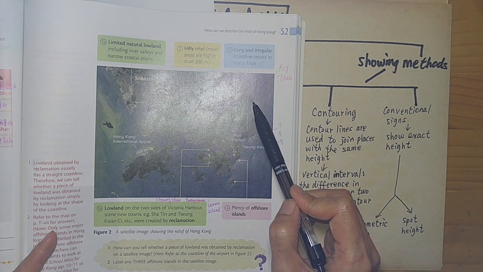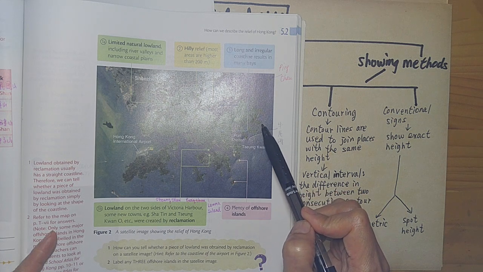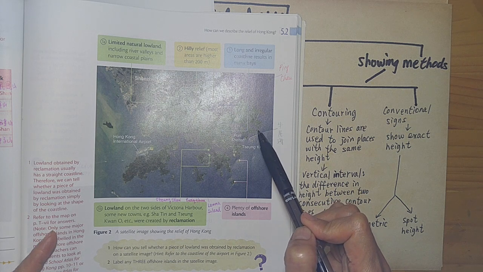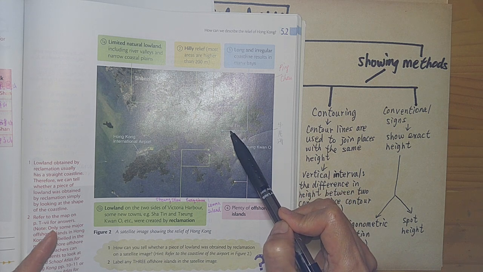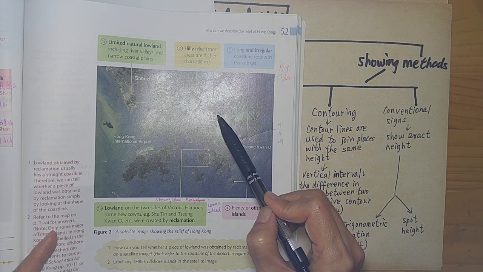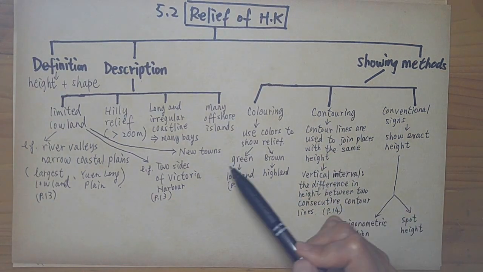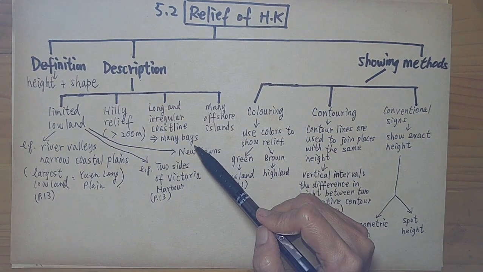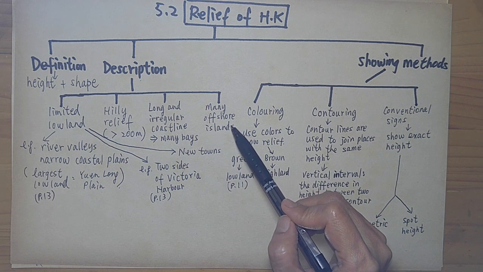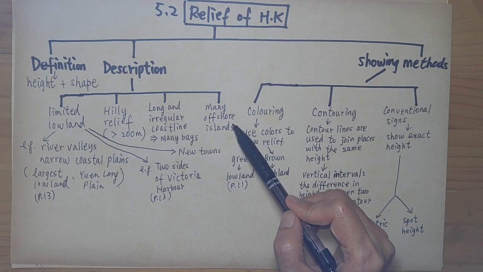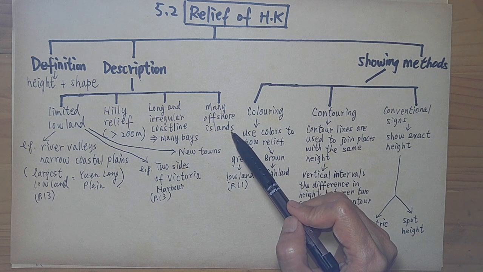Now, because of this irregular coastline, you can see many bays there, 海灣. So in between, you can see the bay here, right? And this is the bay along this irregular coastline, right? And also, in Hong Kong, we have many offshore islands. Offshore, that means 離岸, far away from our urban area.